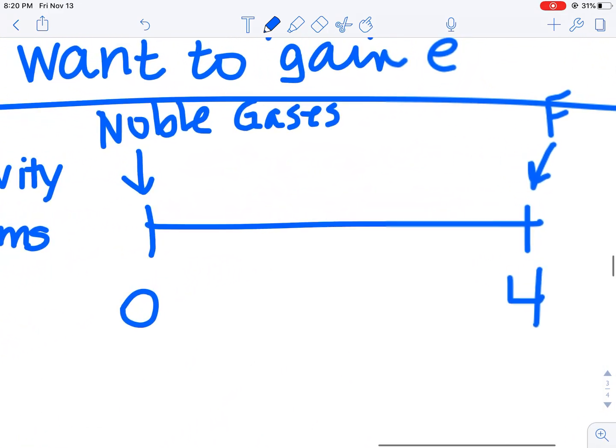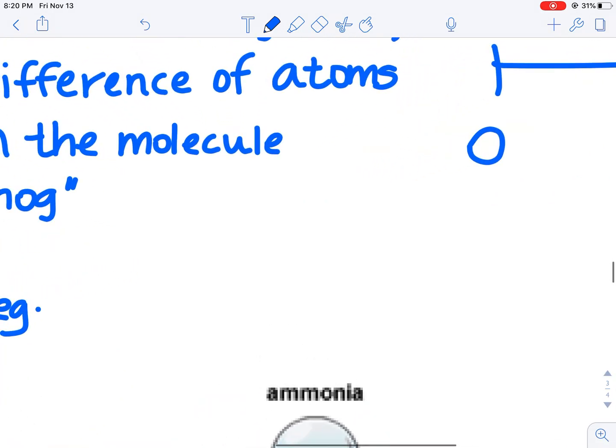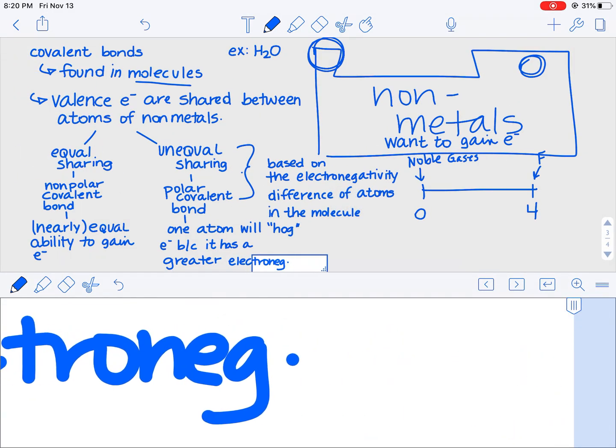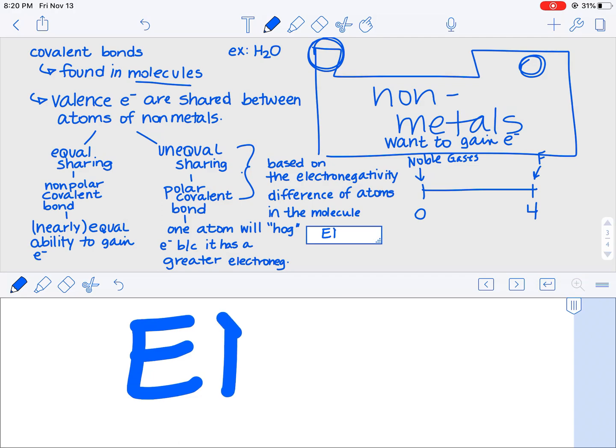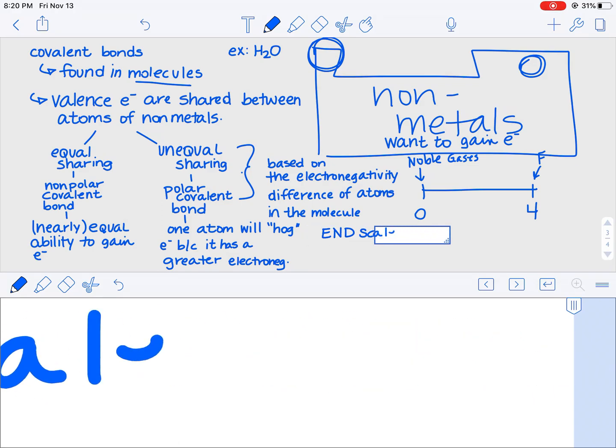Well, that brings us back to this little number line that I drew over here. The cutoff is understood to be 0.4. Let me give you a different number line. Here's your electronegativity difference scale.